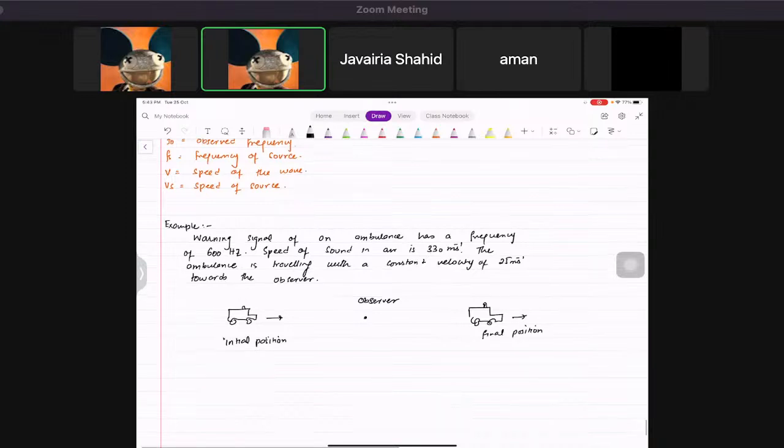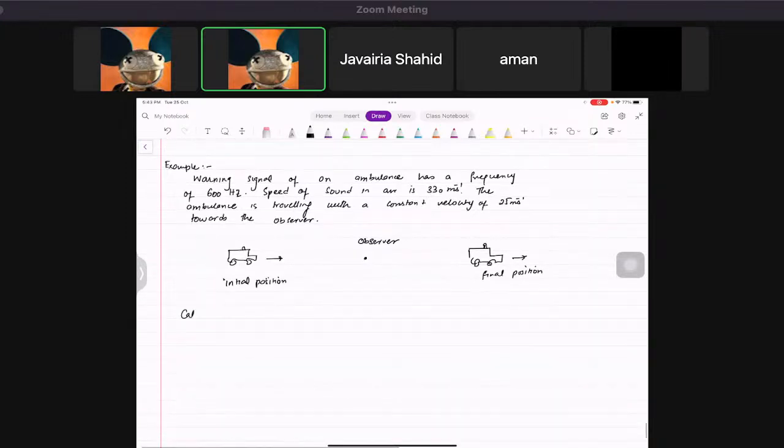So they want you to calculate the change in frequency observed between initial and final positions. Alright, so this is the question.